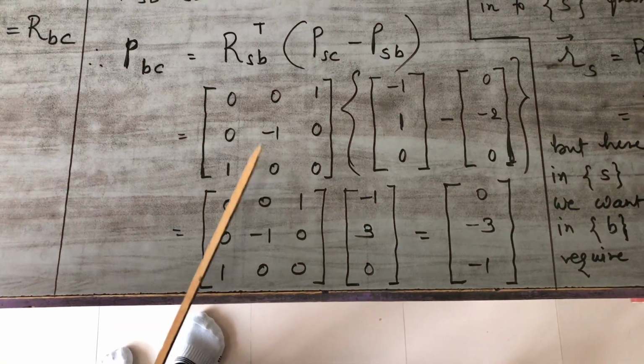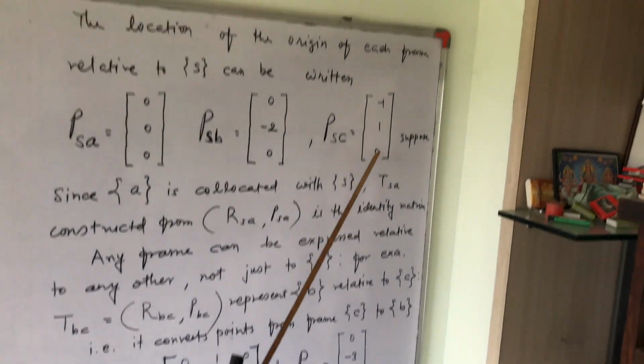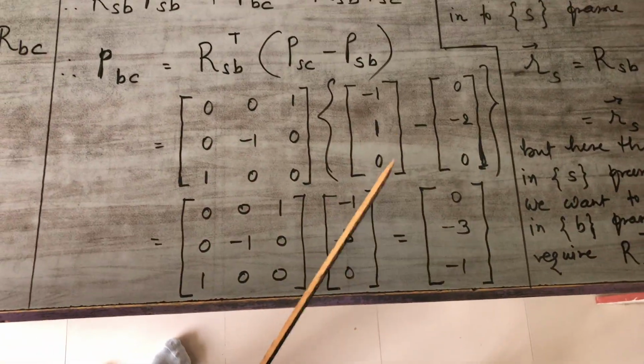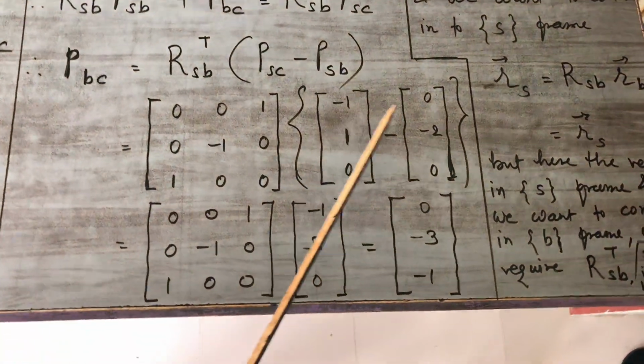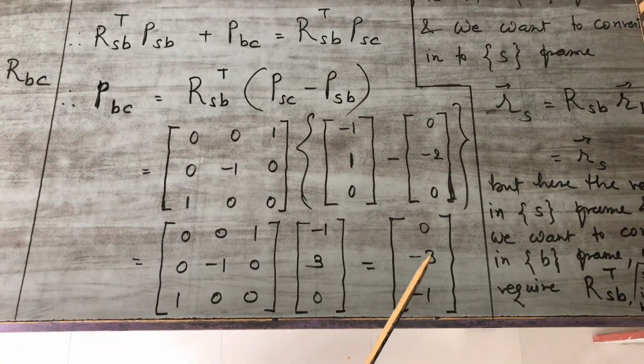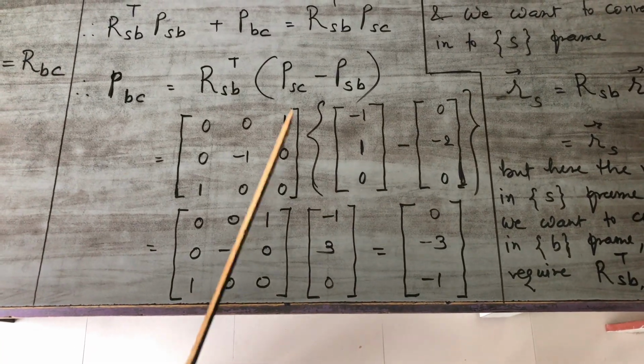So R_SB transpose into P_SC minus P_SB. P_SC is this, minus 1 1 0, and P_SB is 0 minus 2 0. So minus 1 1 0 minus 0 minus 2 0. Subtracting: minus 1 minus 0 is minus 1, 1 minus minus 2 is plus 3, and 0 minus 0 is 0, and this vector.